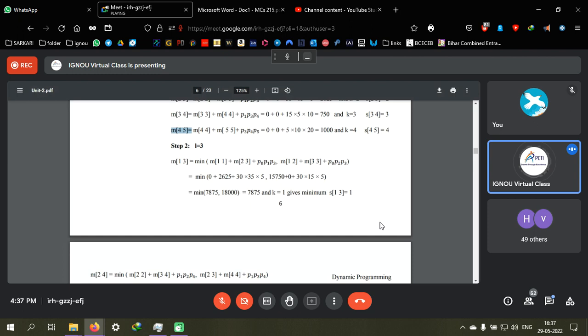If we are talking about the dimensions, here we have to find first 1 comma 1, that means i comma i, and here we are computing i equals i plus 1. Here is M2 comma 3, and here both the values remain the same.